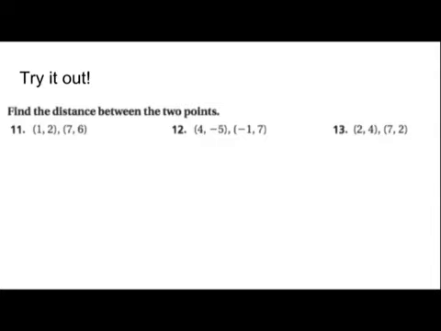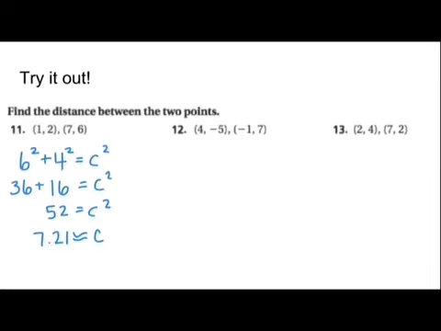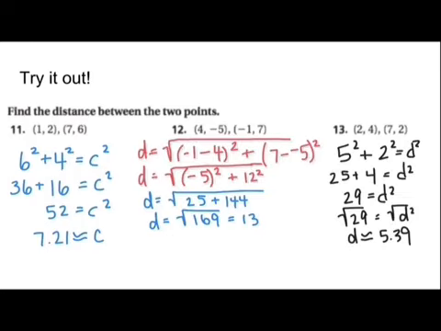All right, for these 3, use whichever method you like best and see if you can figure out the distance between these 2 points without graphing it. For this first one, I used the Pythagorean theorem, and I found that C was about 7.21. For the middle one, I solved it using the distance formula, and I plugged in my values for x sub 2, x sub 1, y sub 2, y sub 1, and found the distance between those 2 points was 13.